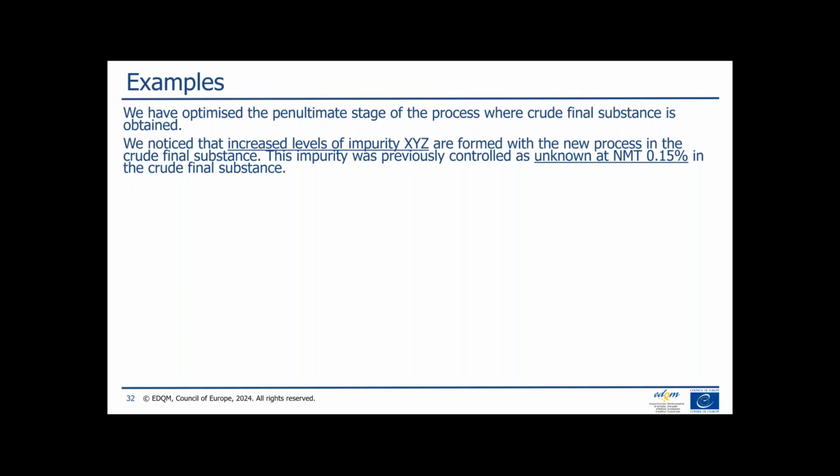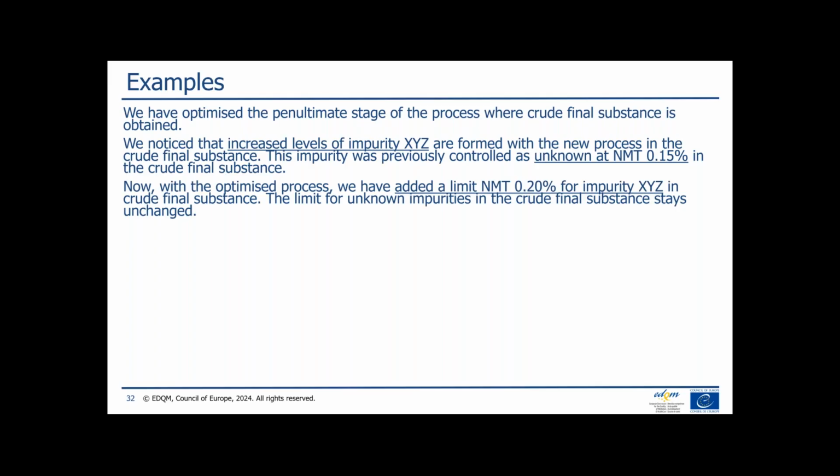This impurity was previously controlled as unknown at limit 0.15% in the crude final substance. So now with the optimized process, we decided to add a limit for this impurity, a wider limit of 0.20% in crude final substance. So the final substance specification in section 3.2.S.4 is suitably updated.